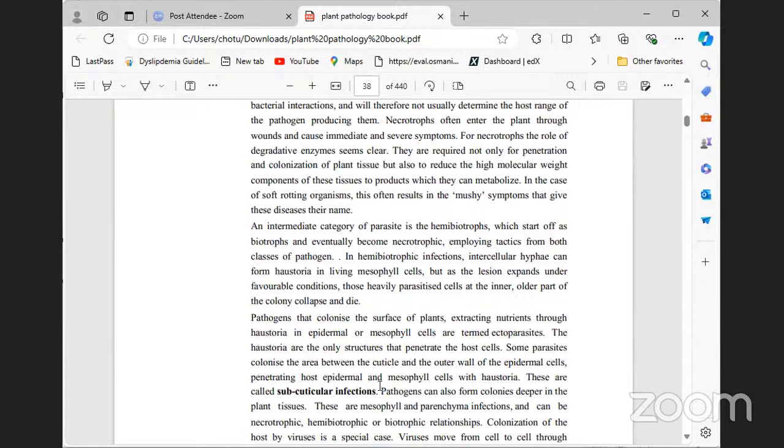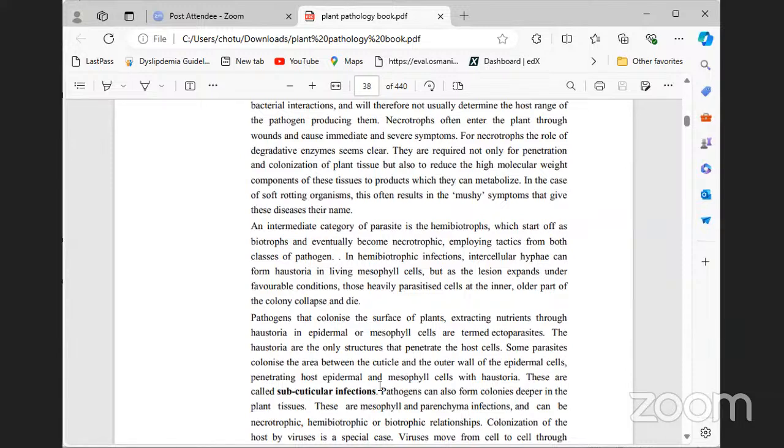They are required not only for penetration and colonization of plant tissue, but also to reduce the high molecular weight components of these tissues to products which they can mobilize. In the case of soft rots, these often result in a mushy tissue, the symptom that gives them their name.